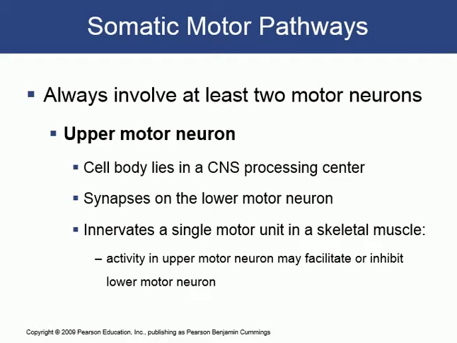When you're going down, you go to 2 steps only. You go to upper motor and lower motor, not like the sensory. So when you go up, it's 1, 2, 3, while if you go down, it's 1, 2. You go up in 3 steps, and you go down in 2 steps only. Upper motor and lower motor only.